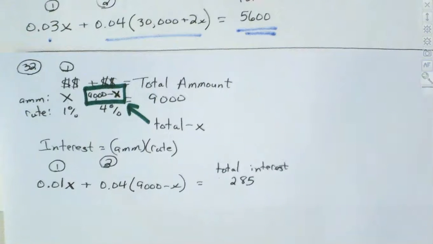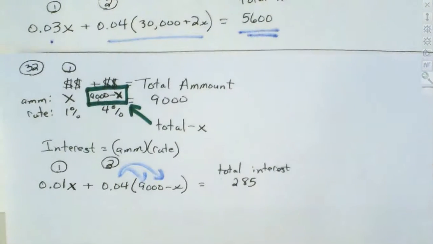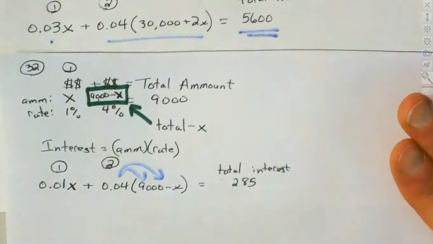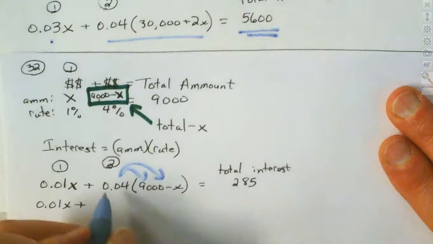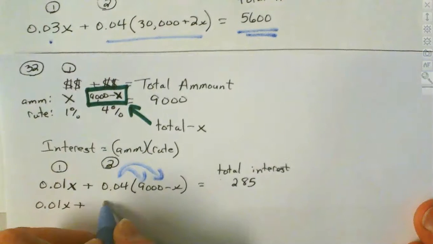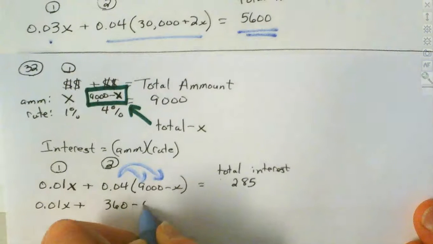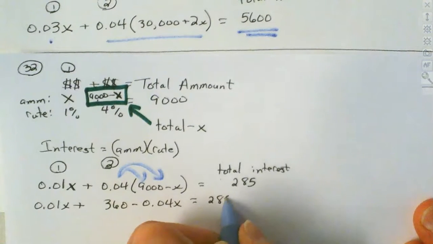Now we can finish it, right? So we're going to distribute through. I'm solving this one because we want to get both accounts. So we need to get both of them. So 0.01x plus, we've got our 9,000, and we're going to take 4% of that, which is 360, minus 0.04x, and that equals 285.